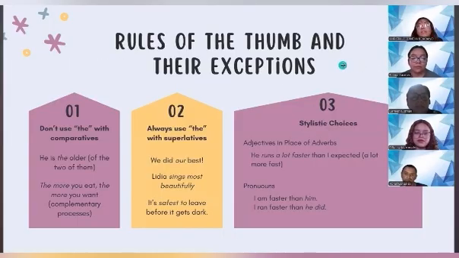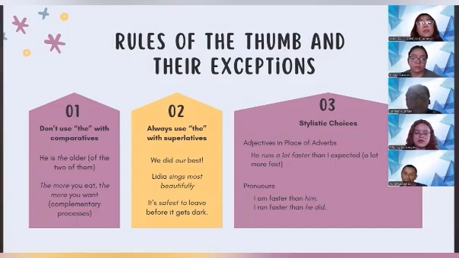Okay, there are rules that always have their exceptions. We usually use these as general rules, but we have to be careful when we have to use them and when we don't. In this case, the first rule is don't use the with comparatives. The first case is when we use the of-two-of-them statement.